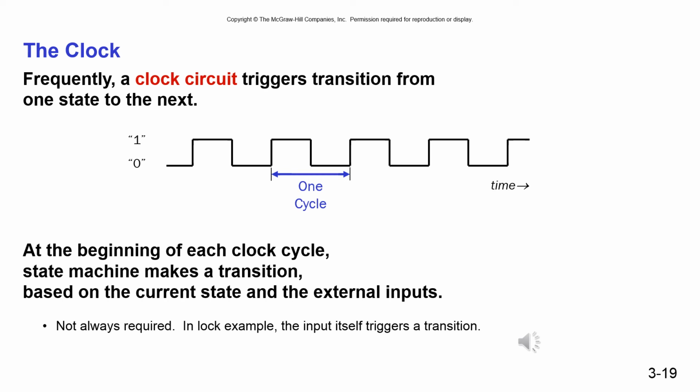The processor speed is typically represented in megahertz or gigahertz. That's a frequency. Those are the number of clock cycles per second that a computer can transition from one state to the next. And if you're talking about gigahertz, you're talking about billions of instructions per second.